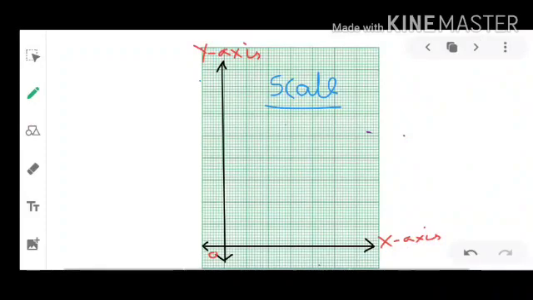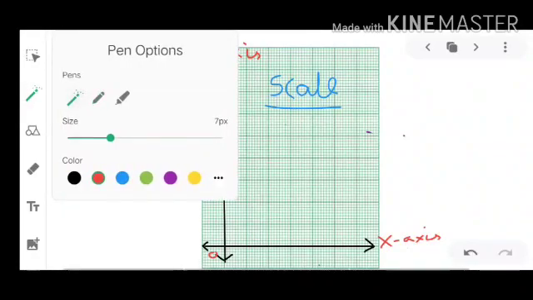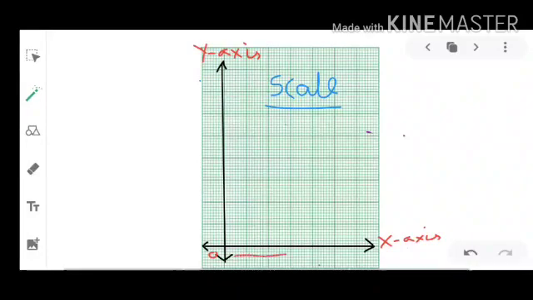Students, you can see on your screen, this is a graph. This horizontal line is known as the x-axis. This vertical line is known as the y-axis. On the x-axis, you have to write basic information, like what the graph is about, like days, months, which kind of information.